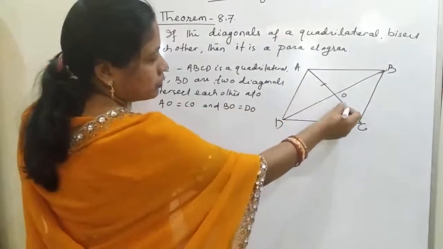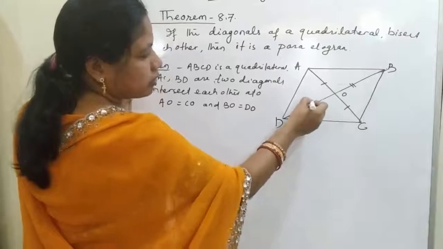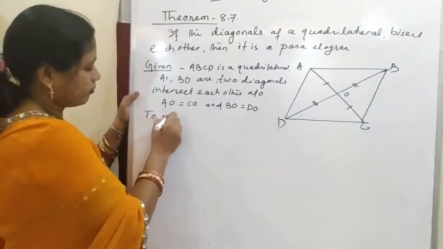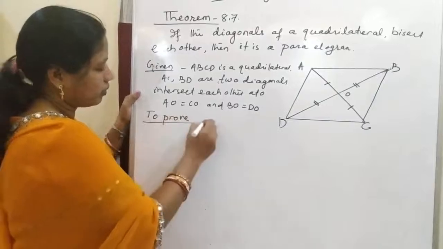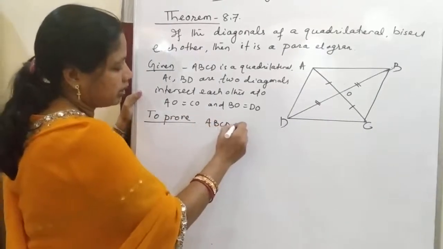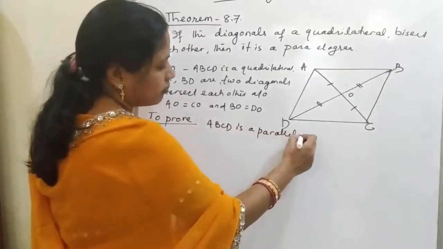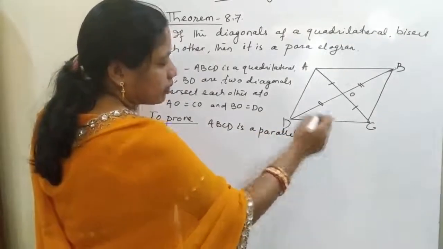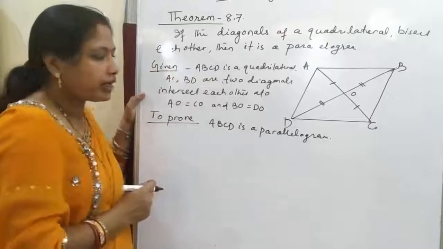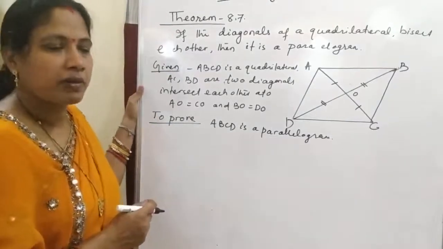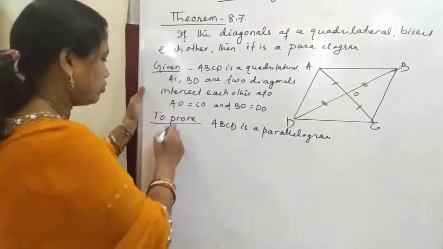Then to prove, ABCD is a parallelogram. To prove a quadrilateral is a parallelogram, we have to prove each pair of opposite sides are parallel to each other.